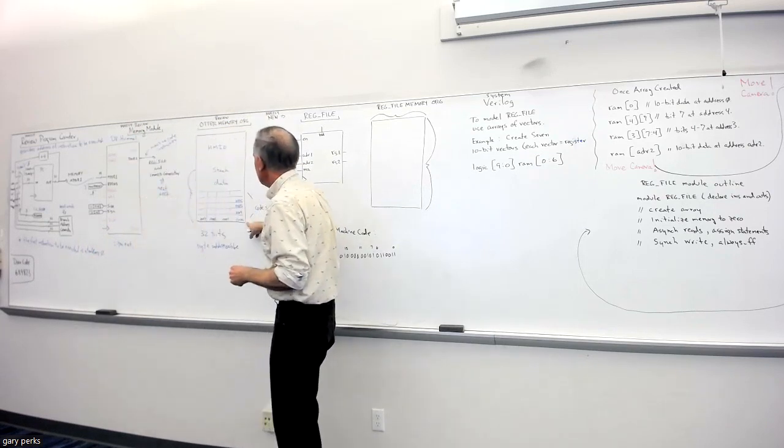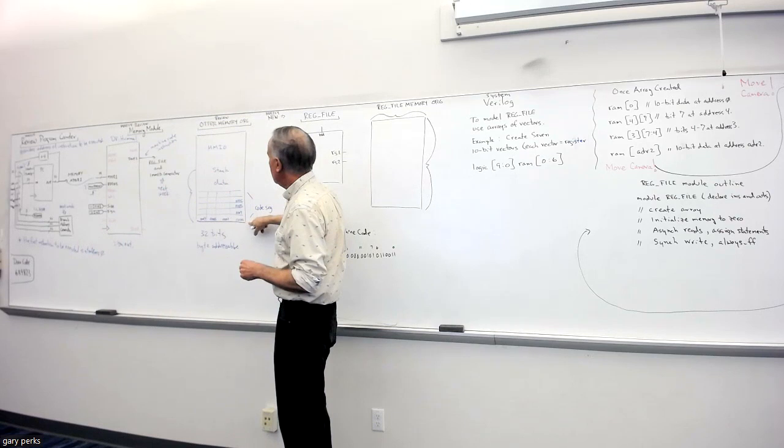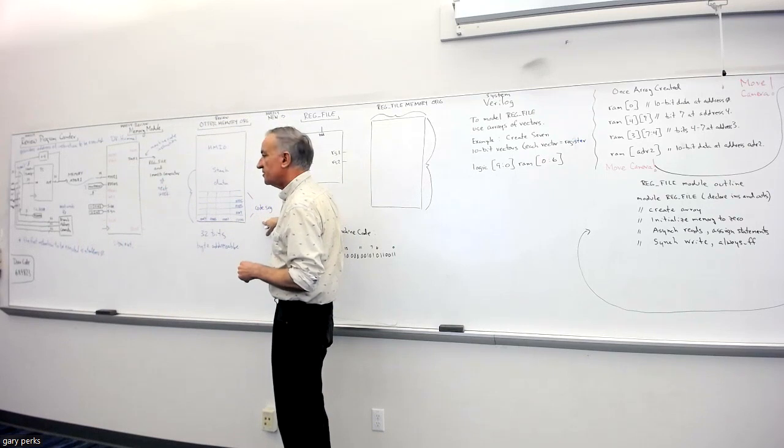The other thing to remember is that each row here has a 32-bit address. So this address is all zeros and it goes up to all Fs, 8 Fs.